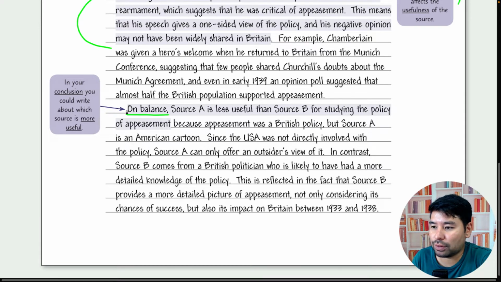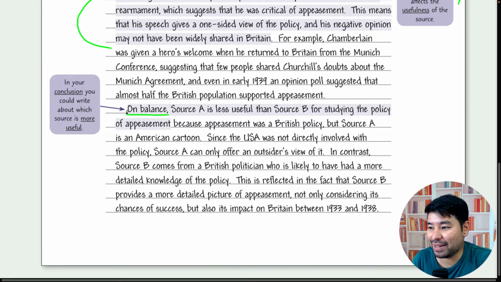And why source A also has a problem and is less useful, which means that source B is maybe more useful than source A. Let's see. Because appeasement was a British policy, but source A is an American cartoon. Since the USA was not directly involved with the policy, source A can only offer an outsider's view of it.